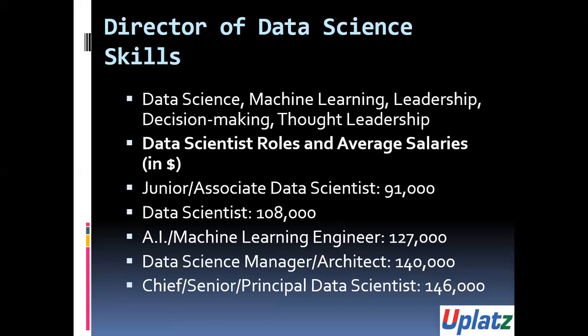Then data scientist roles and average salaries. So you can see here a junior or associate data scientist gets an average salary of $95,000 every year. An average data scientist gets around $110,000 every year.